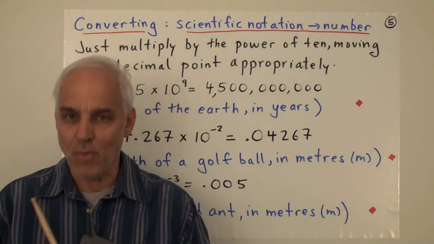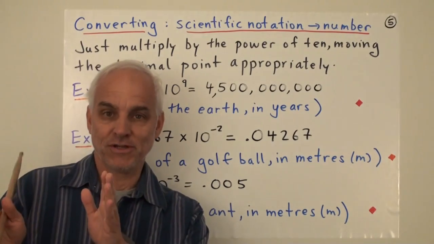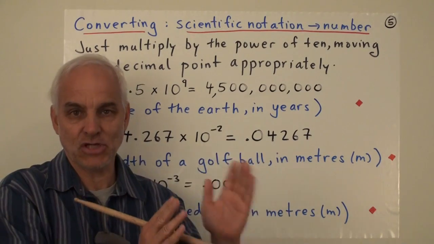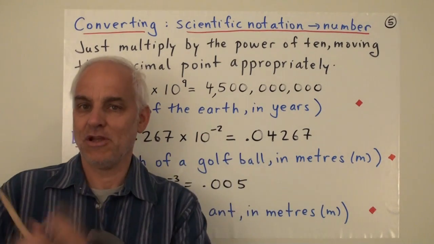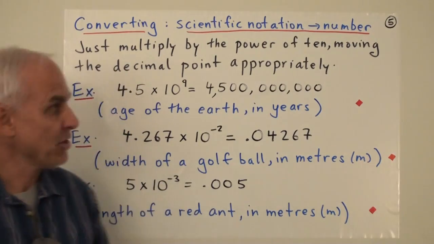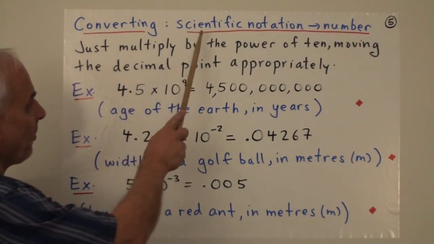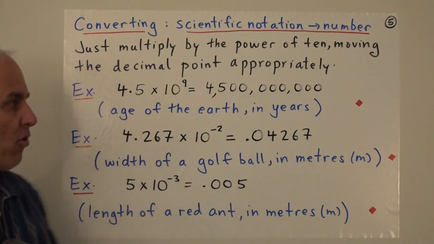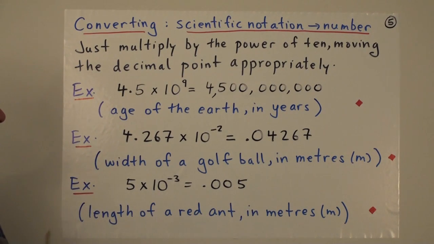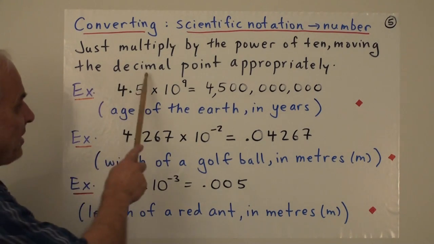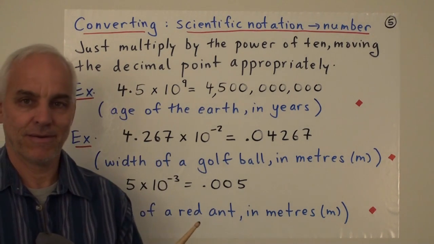Of course, one thing you want to be able to do is to convert from the usual form of a number to scientific notation, and from scientific notation back to the usual Hindu-Arabic form for a number. So the simplest case is converting from scientific notation to the regular number form of a number. And what we do is we just multiply by the power of 10, moving the decimal point appropriately.